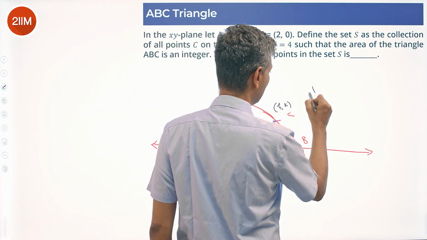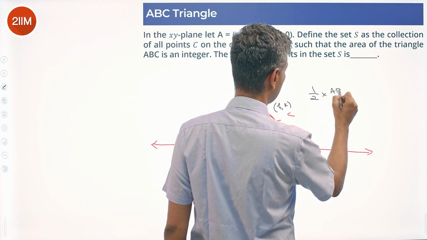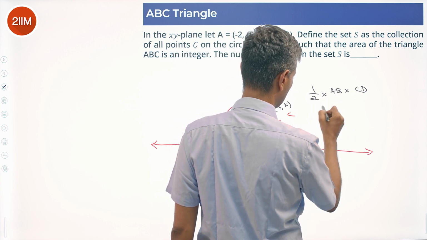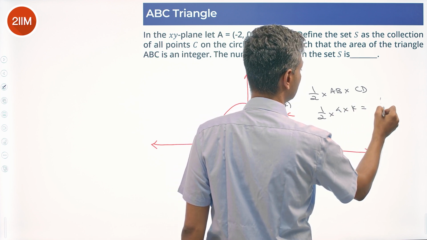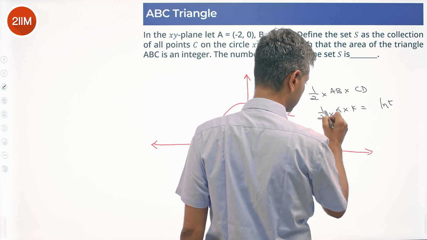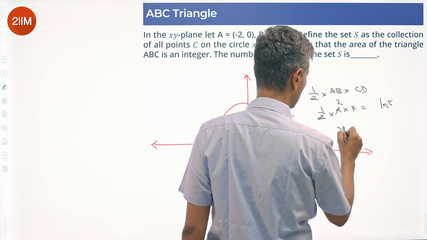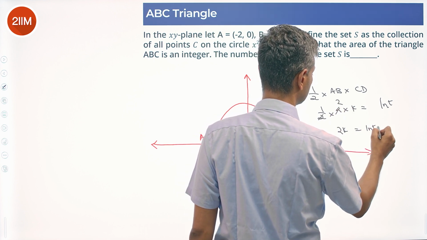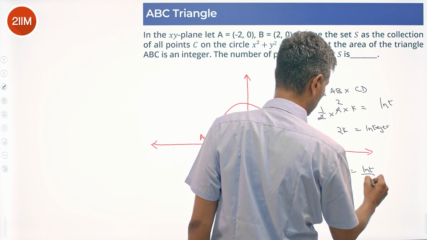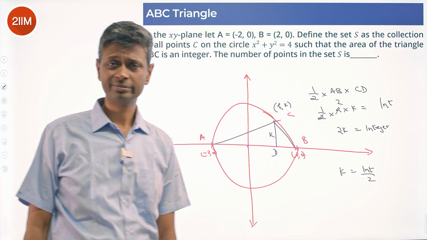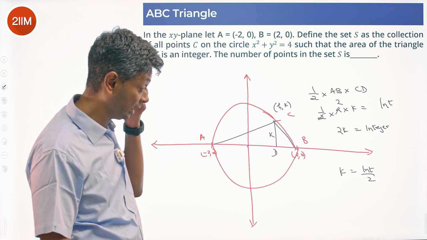Area of the triangle is half into AB into CD, half into 4 into k. This is an integer, or 2k is an integer, or k is an integer by 2. So what values can k take?